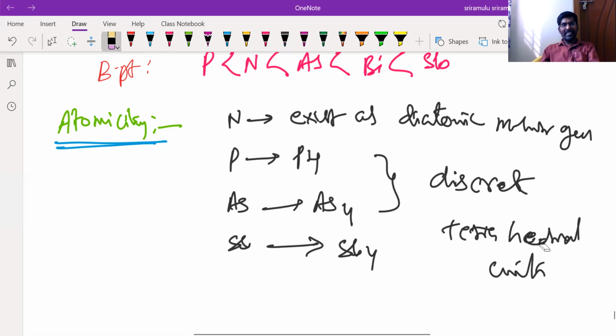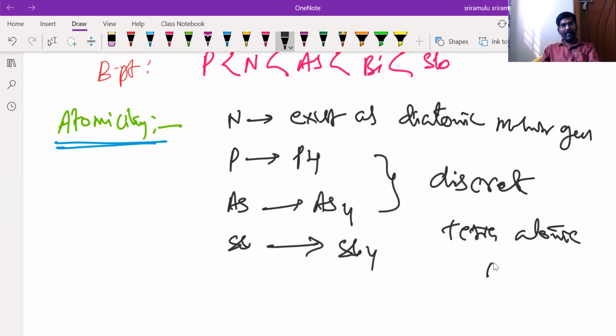Discrete tetraatomic molecules. Once again, nitrogen exists as a diatomic molecular gas.